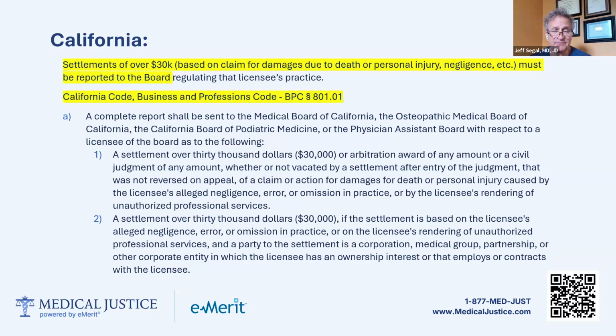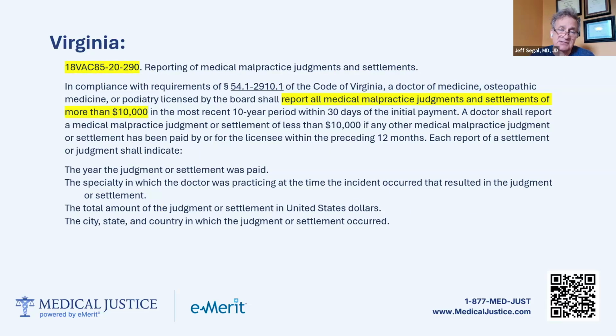In California, if you or your carrier write a check for over $30,000, and it's considered a settlement, meaning that everybody signs on the dotted line and this is the end of the matter, it does need to be reported to the California Board of Medicine. Virginia has a parallel type of requirement. The threshold is lower. It's only $10,000 in terms of reporting a judgment or settlement.